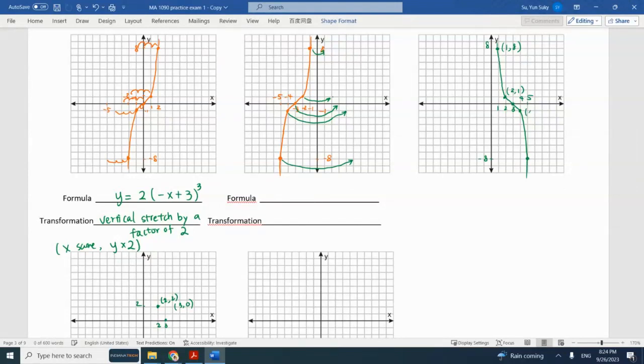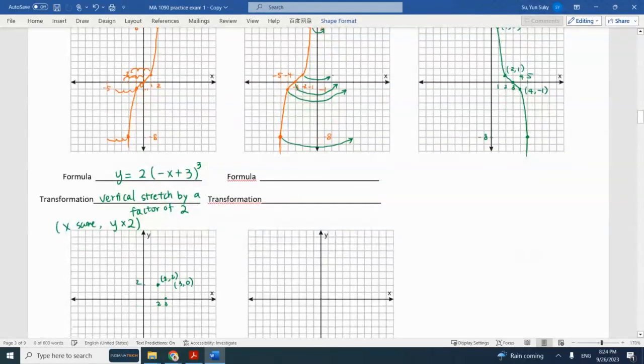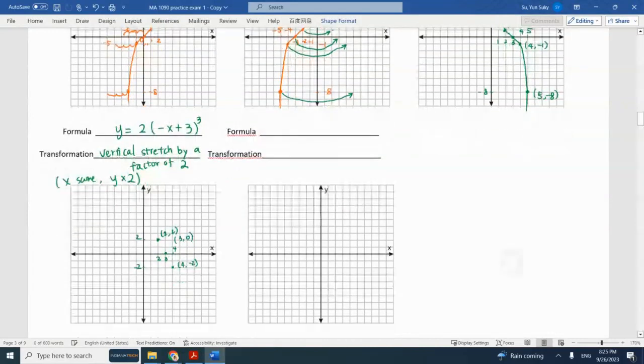Okay, and then next point is 4, minus 1. So you multiply the minus 1 by 2, you get 4, negative 2. And then the last number is 5, minus 8. When you multiply minus 8 by 2, it becomes minus 16. So below.